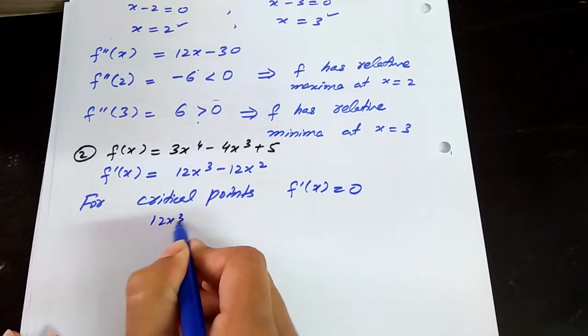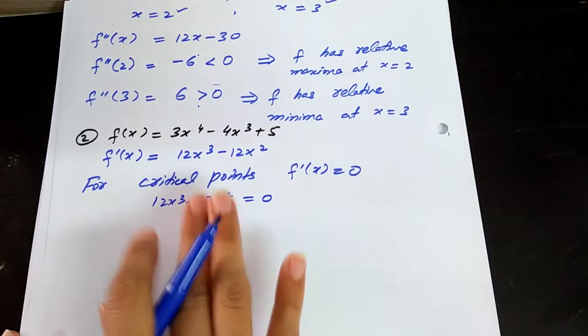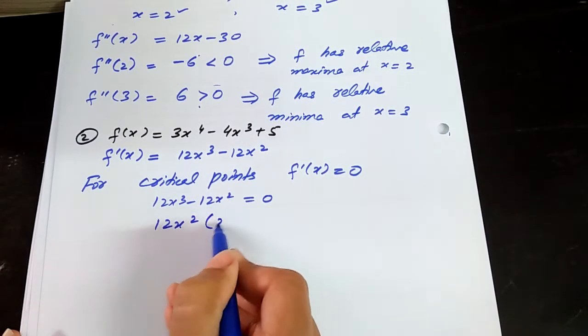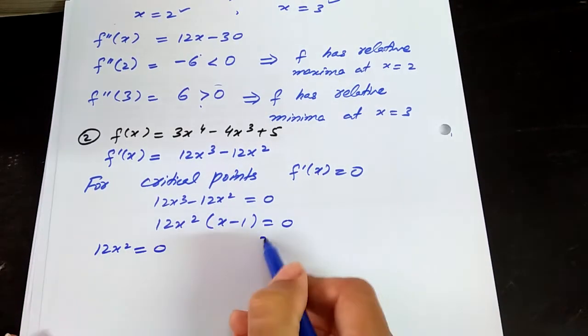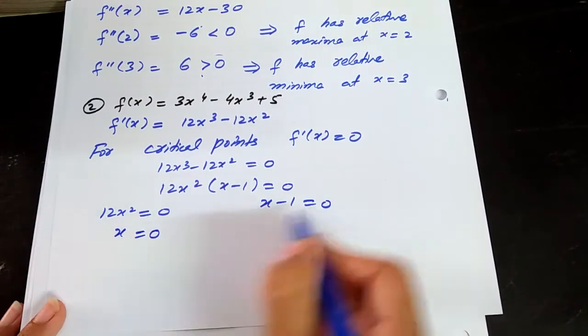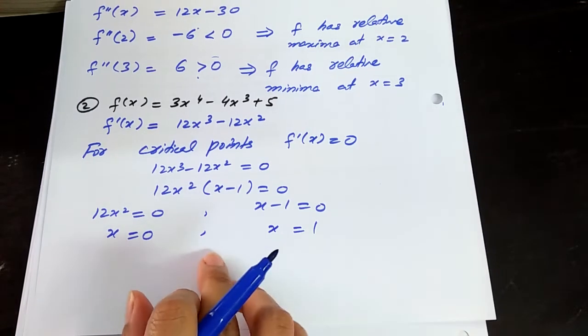So 12x cube minus 12x square equals 0. Now factorize it and find the values of x. So 12x square equals 0 or x minus 1 equals 0. From this you get x equals 0 and x equals 1. So these are the critical points.